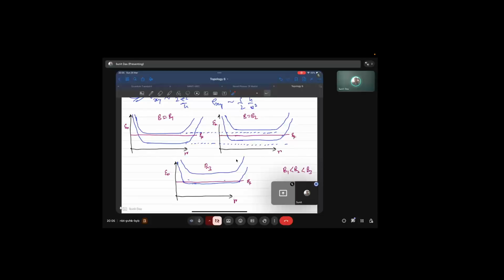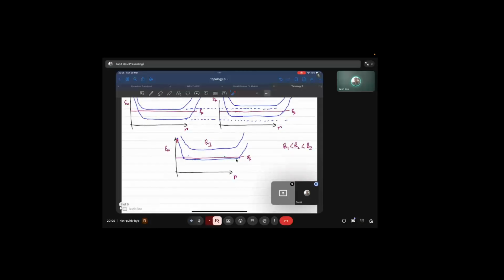You increase the magnetic field by some amount, so the energy of these levels also increases. So the n equal to 0 Landau level gets closer to the Fermi level, whereas the n equal to 1 level goes further from the Fermi level. Then you increase the magnetic field further, and again the n equal to 0 level comes very close to the Fermi level, whereas the n equal to 1 level goes farther.